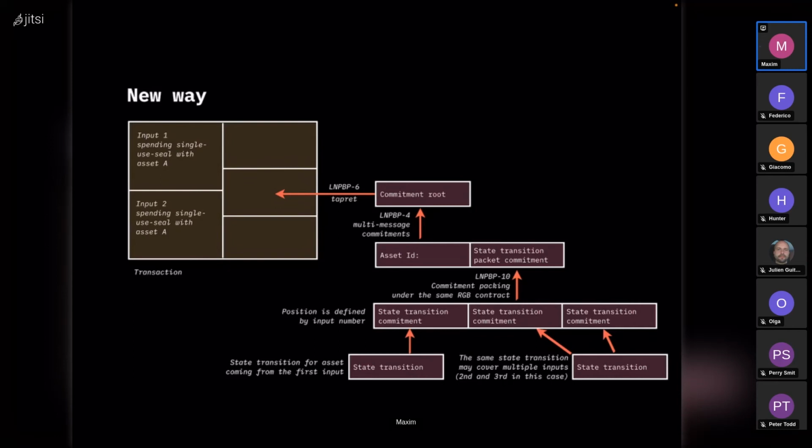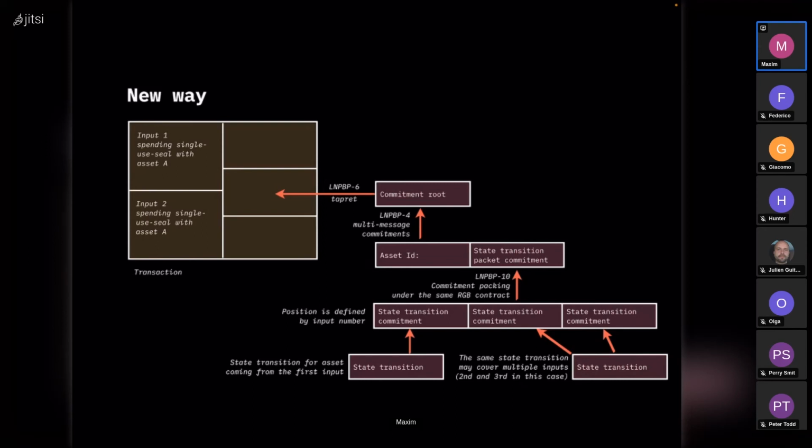So the deterministic Bitcoin commitment with op-return or tap return or any other scheme is a commitment which is a Merkle root of the commitment tree. And the leaves of that Merkle tree are the commitments under specific protocols. And in RGB, each RGB contract, each asset, is a different protocol.